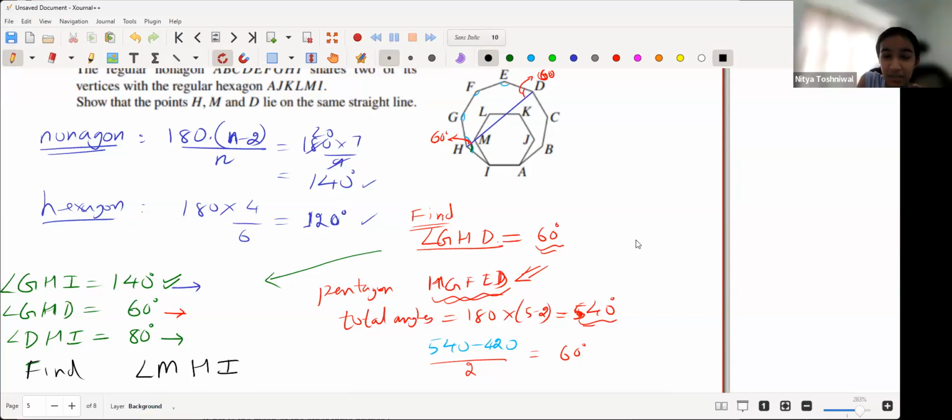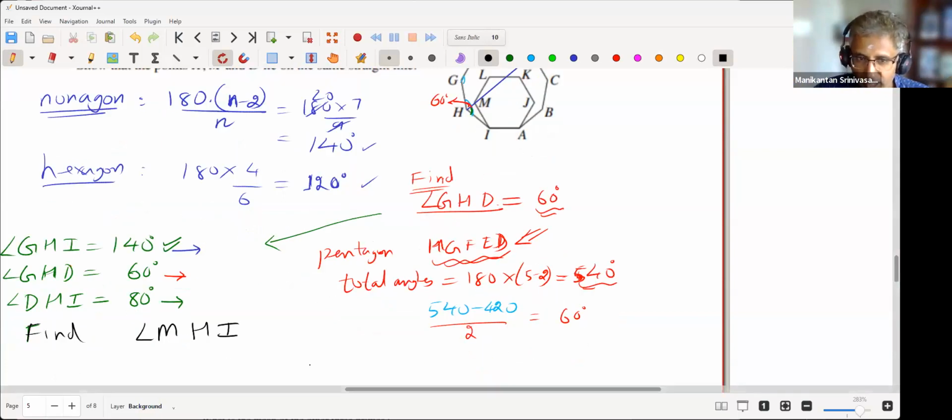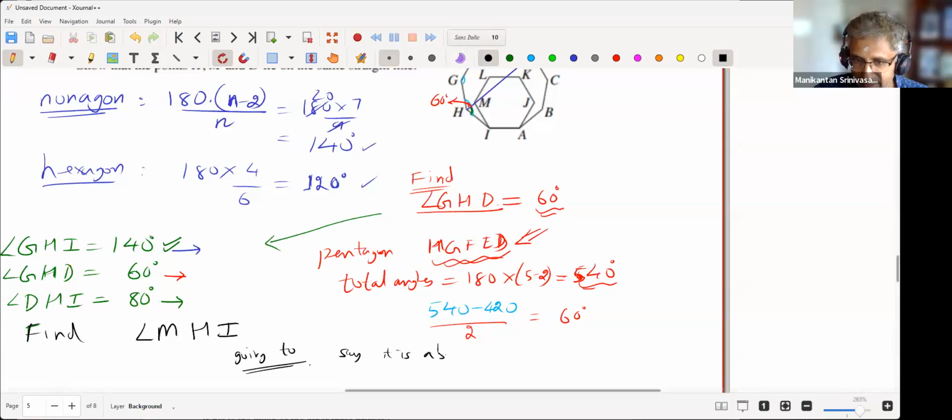Could you please repeat the lines from where you said find angle MHI independent of D? I got lost from that. No, I have not found it yet, but I'm giving you where I'm headed. I'm going to find MHI and infer that it is also 80.